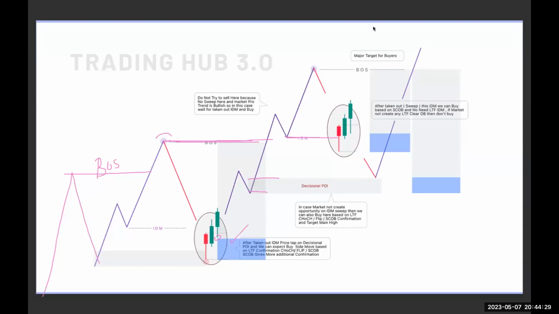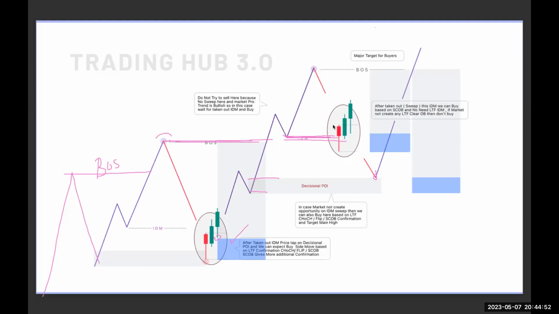But based on single candle order block here, if you are planning to buy here, like previous inducement swept here, and you are waiting for it to mitigate this one, sometimes what happens, the market just sweeps the inducement because the market needs inducement or liquidity before continuation and before a reversal.